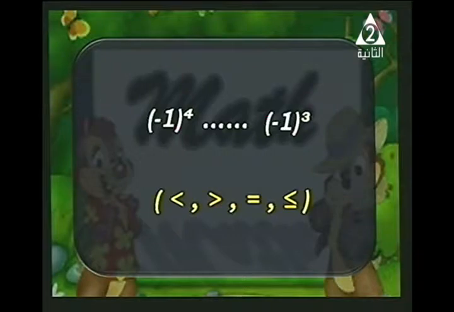So the result will be 1. And here, for negative 1 to the power of 3, the power is an odd number. So you are going to notice that the result will be negative 1. So 1 and negative 1, you are going to notice that negative 1 to the power of 4 will be greater than negative 1 to the power of 3.